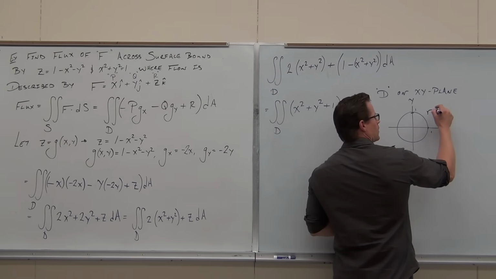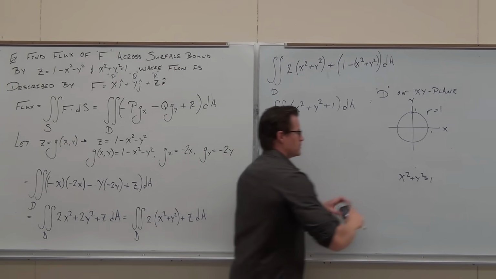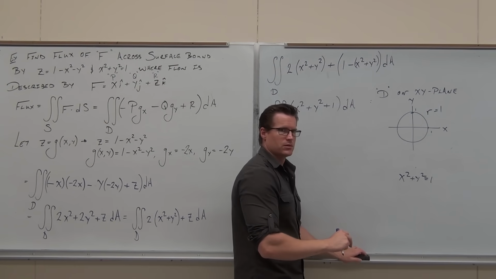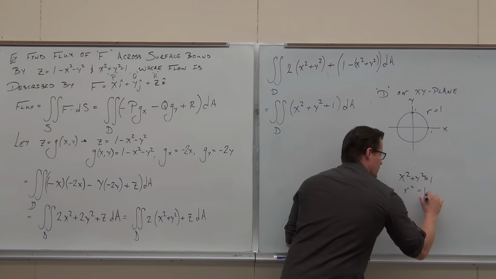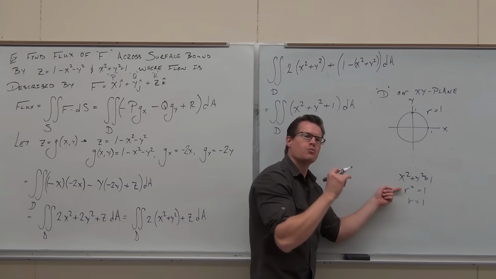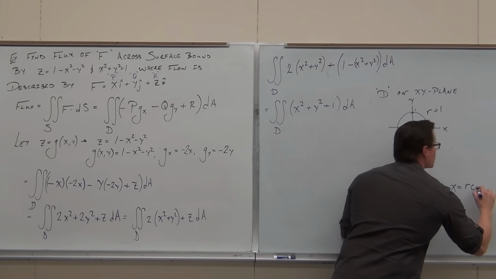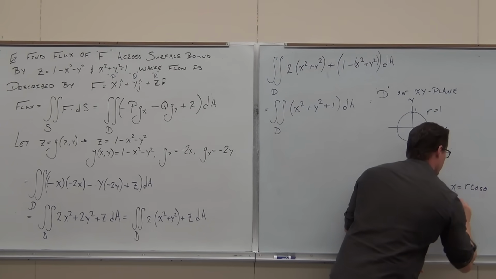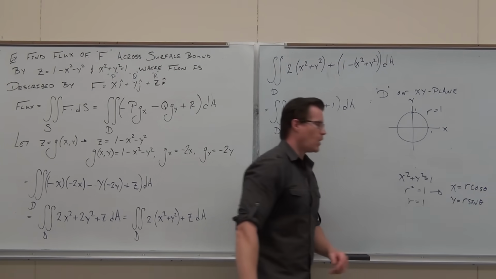Well, if this is R equals 1, and that's a full circle, then here's the point you need to know. As soon as you let this equal R squared, then you're automatically calling X R cosine theta, and you're calling Y R sine theta.